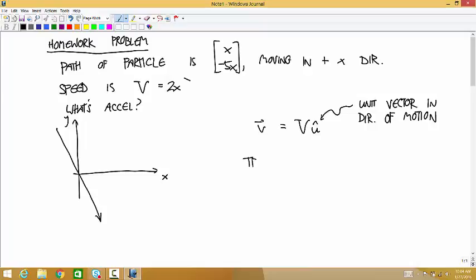Okay, so here's the trick to finding that unit vector.